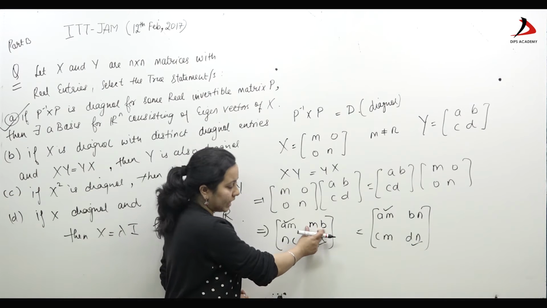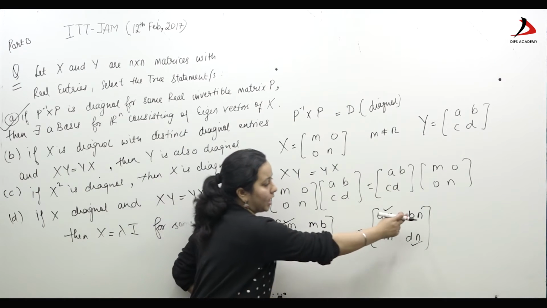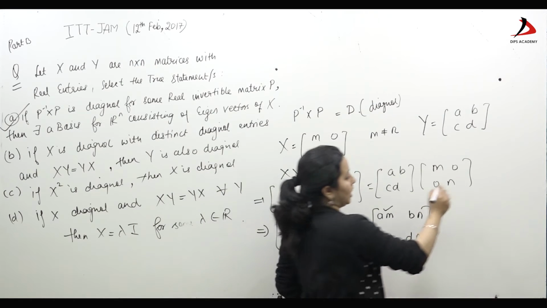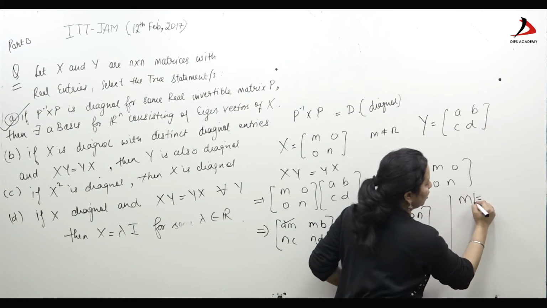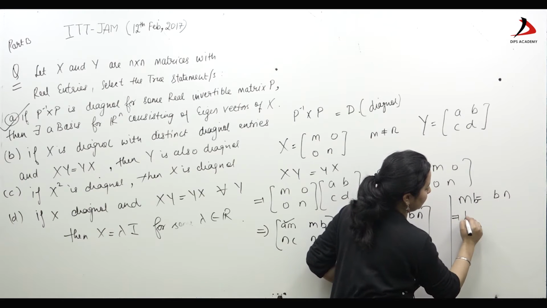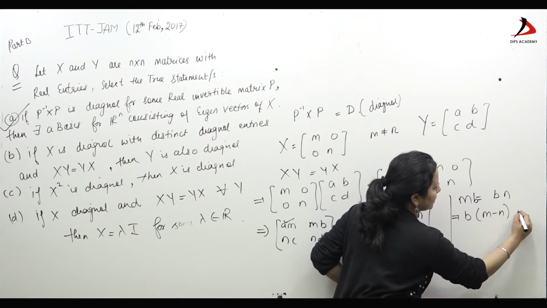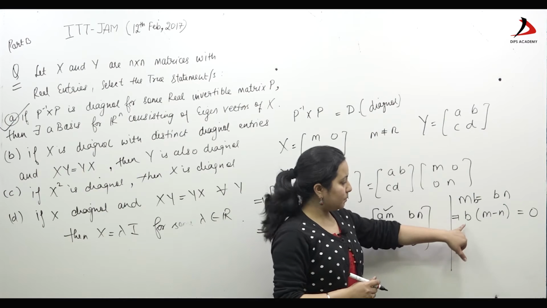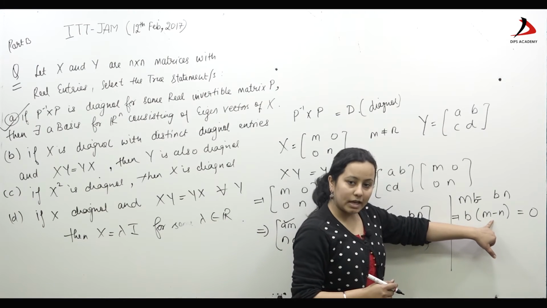When we compare the second entry, it is mb and bn. If mb is equal to bn, it simply means b times (m minus n) is 0. Hence either b is 0 or m minus n is 0.